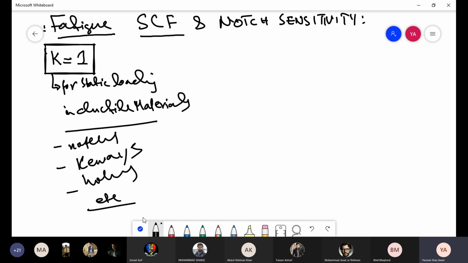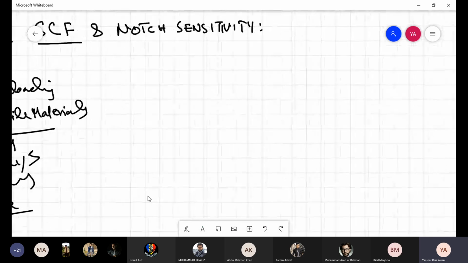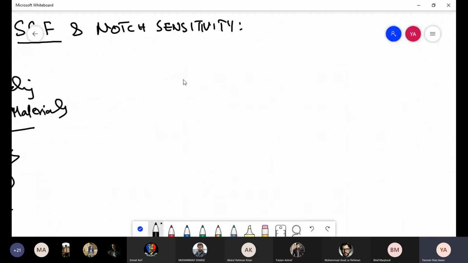We already know from our study of static loading how the stress concentration factors, KT, are determined. These are called the geometric stress concentration factor, generally used as it is for brittle materials.